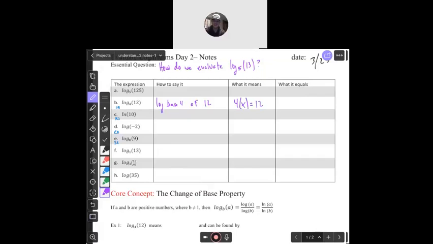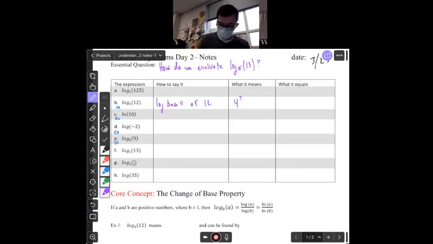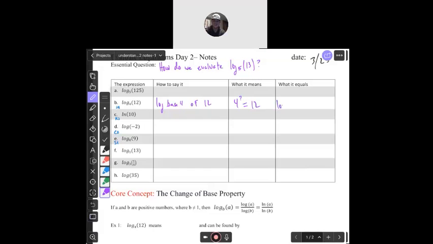There would be 4 to some exponent that equals 12. So 4 to what power would equal 12? 4 raised to some power equals 12. That's okay.